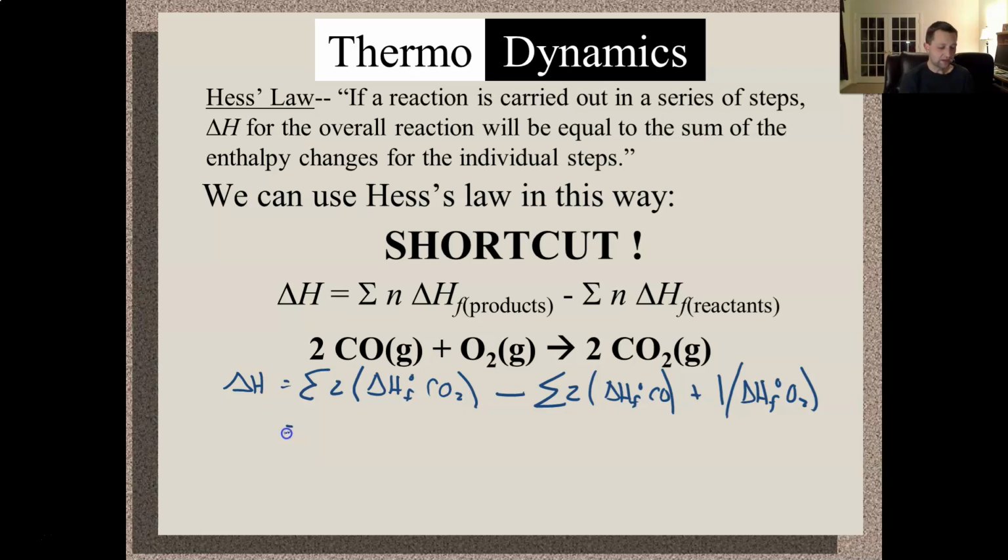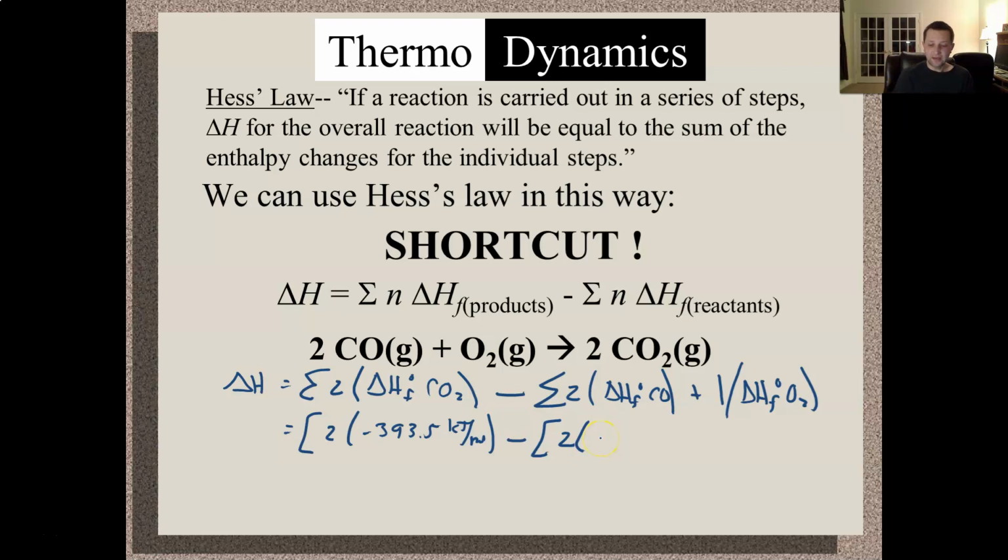Okay, so we have 2 times the heat of formation of CO2, which if you look it up, is negative 393.5 kilojoules per mole, minus 2 times the heat of formation of carbon monoxide.